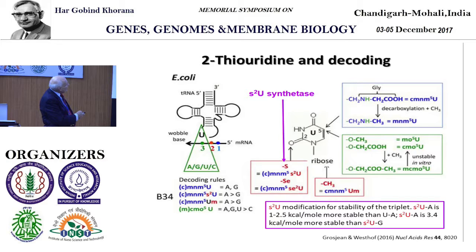So if you have oxygen here, that uridine, then of course you can see that it recognizes A ending codons and G ending codons in exactly the same fashion. But should this be transformed to thiouridine or possibly to selenouridine, then it is different. Then you can actually see that there is far more A recognized than G recognized.